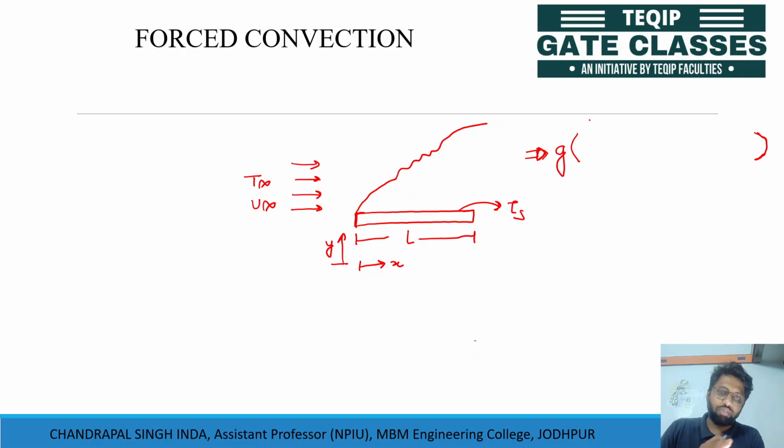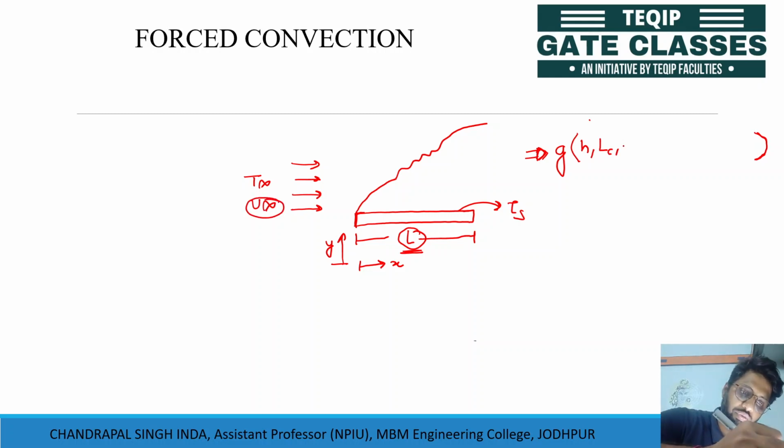Let's find how many physical quantities there are. The first quantity: as this is an example of forced convection, we have the convective heat transfer coefficient. As we can see, the system has a length L, which is also a physical parameter, denoted as the characteristic length. Then we have the velocity of the fluid stream, u infinity.